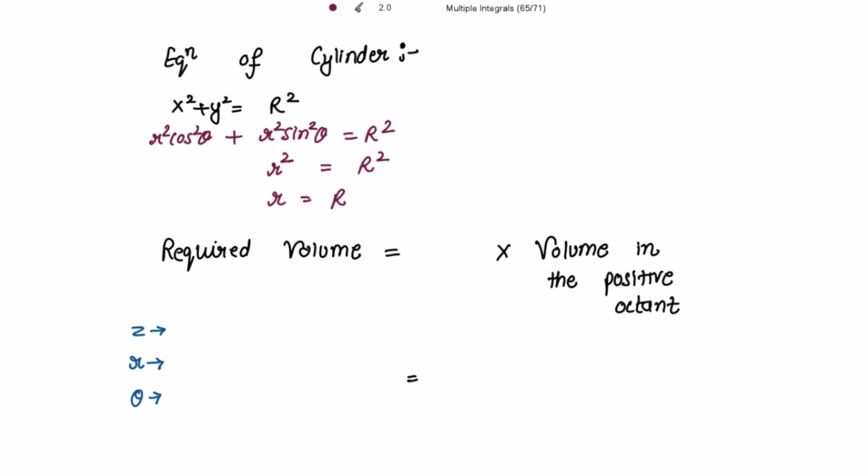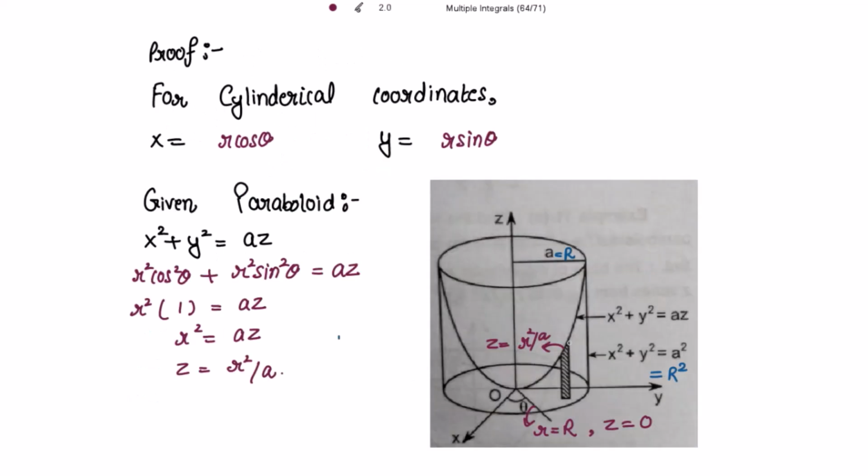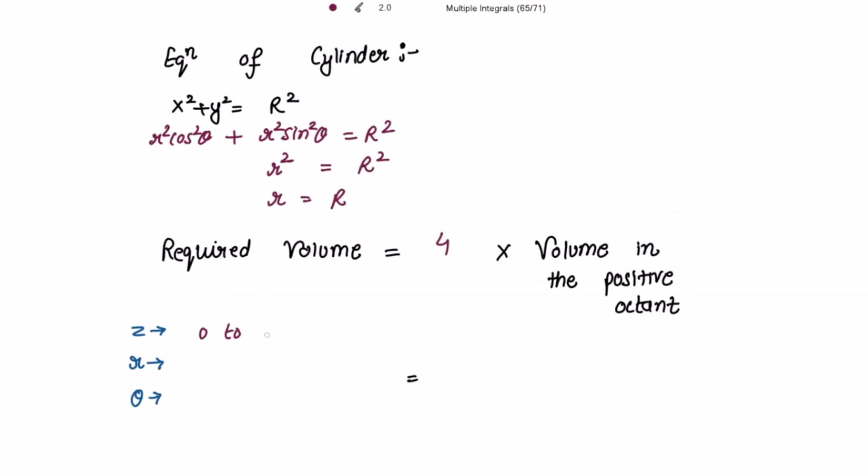And now the required volume is, by symmetry, of course 4 times the volume in the positive octant. And the limits of z are from 0 to r² over a, right? And the limits of r is from 0 to this capital R. And the limits for theta, because it is the positive octant, are from 0 to pi by 2.